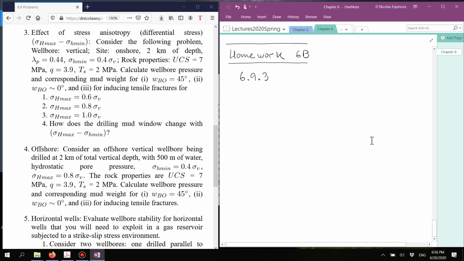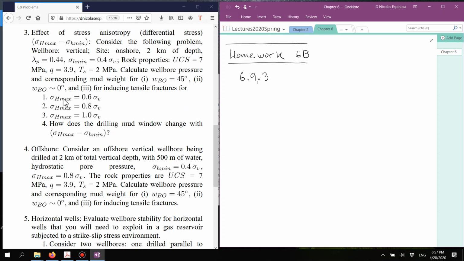The objective here is to compute the mud window determined by the values of PWBO and PV for varying conditions of stress anisotropy.